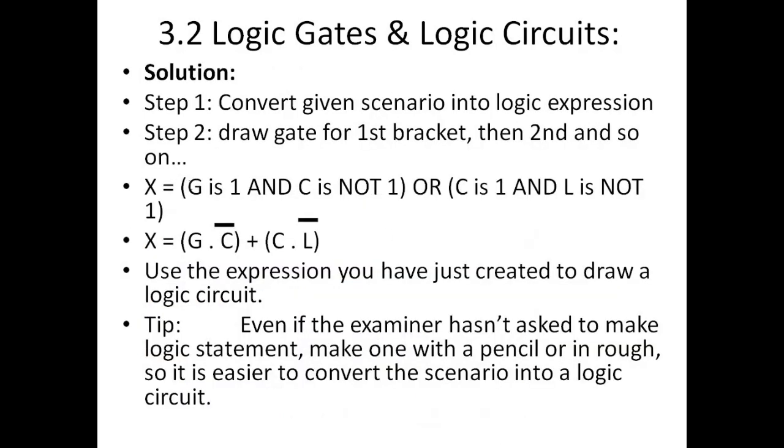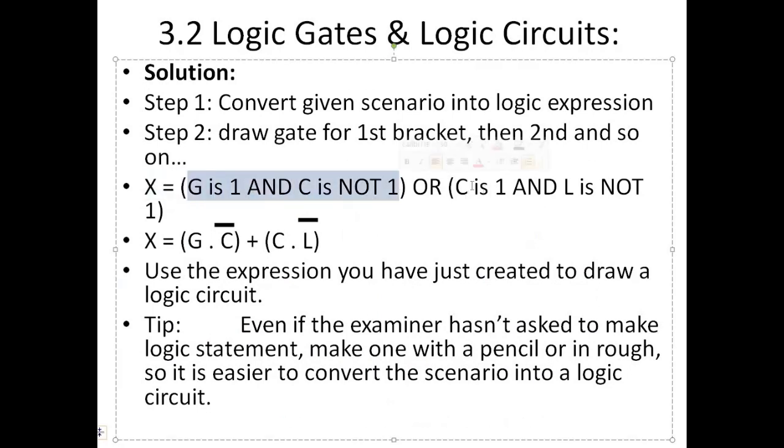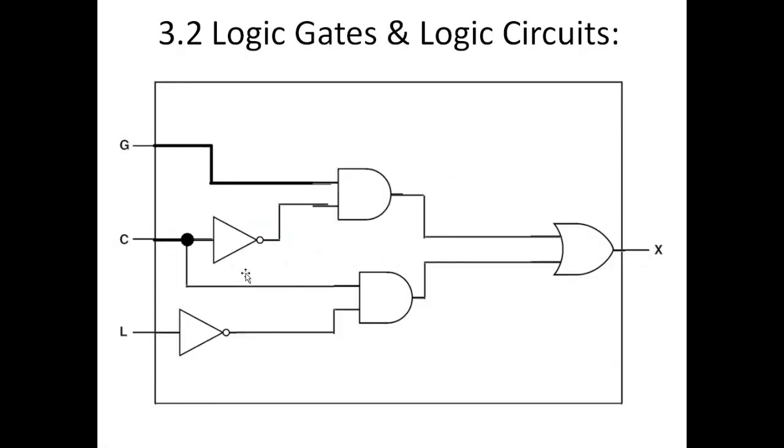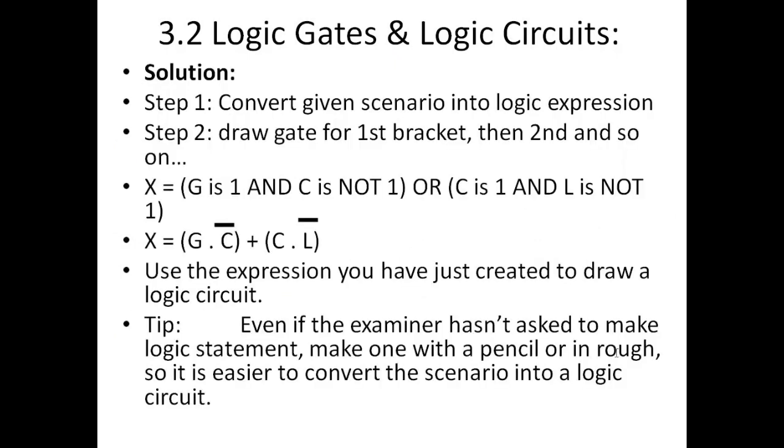So we can write it like this: G is 1 and C is not 1, or C is 1 and L is not 1, or we can simply shorten it up like G dot C bar plus C dot L bar. And then finally we can use this expression to create our logic circuit easily, just like this. This is G and C bar, and this is C and L bar, and finally they are connected with the OR gate.